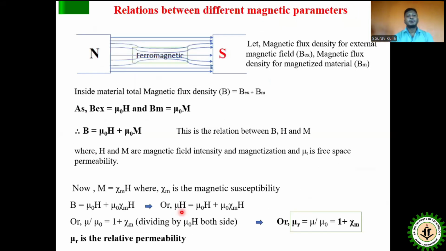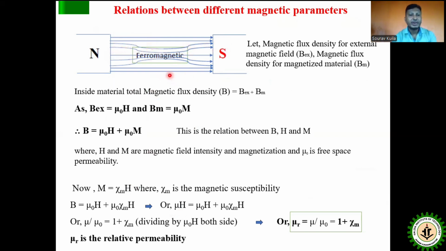Now we can see here an image where a ferromagnetic material is placed in a magnetic field. In a magnetic field, if there is no ferromagnetic material, you can see the magnetic field lines are parallel to each other.